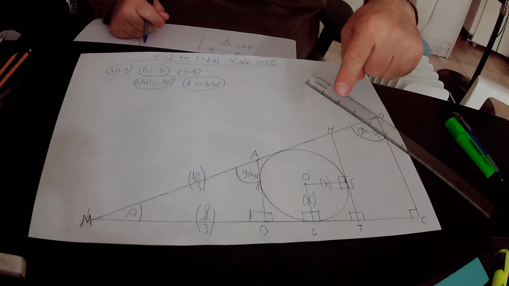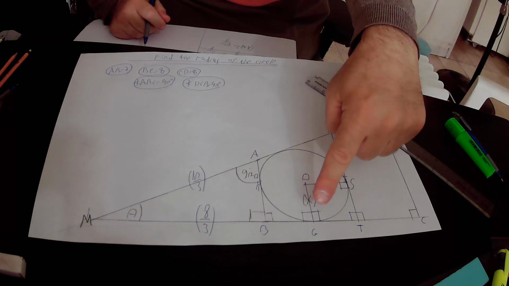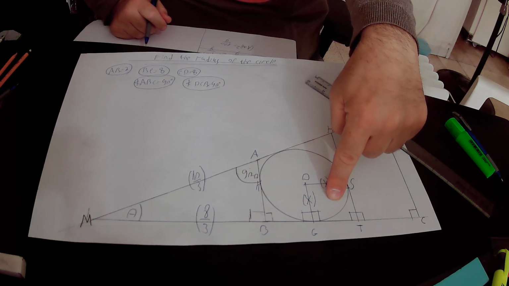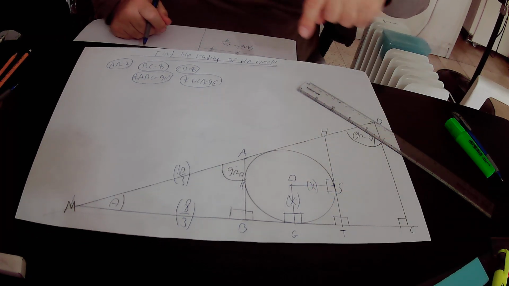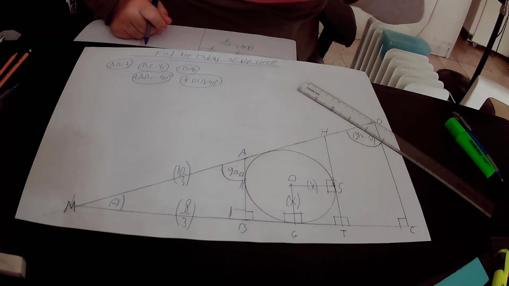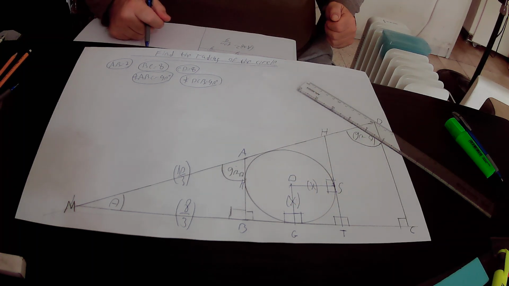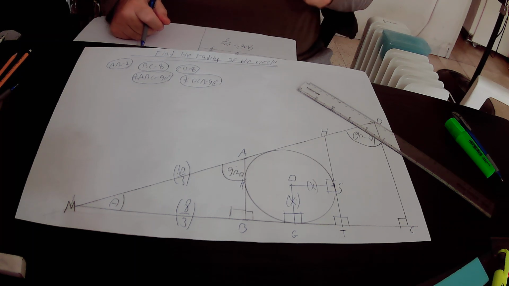So inside quadrilateral OSTG, the small quadrilateral, we have 1, 2, 3 right angles. The sum of 3 right angles is 90 degrees times 3, which is 270 degrees.